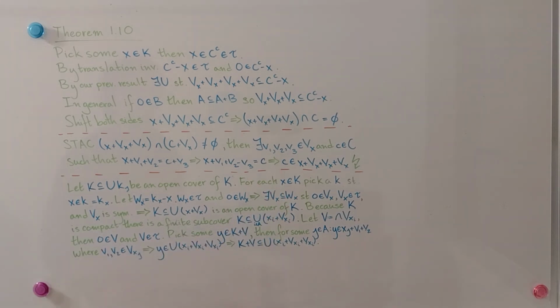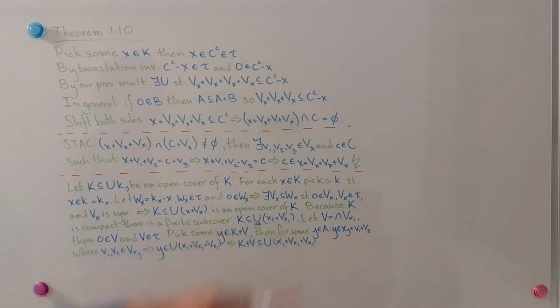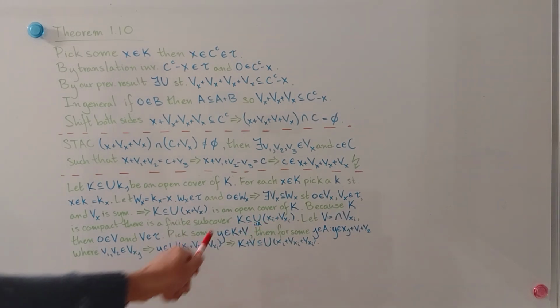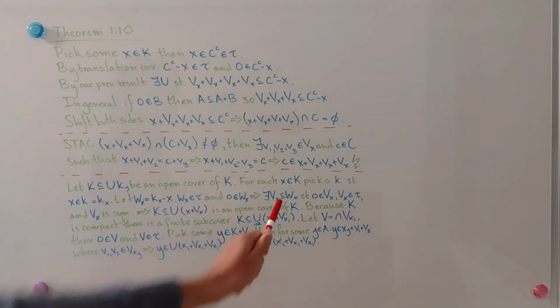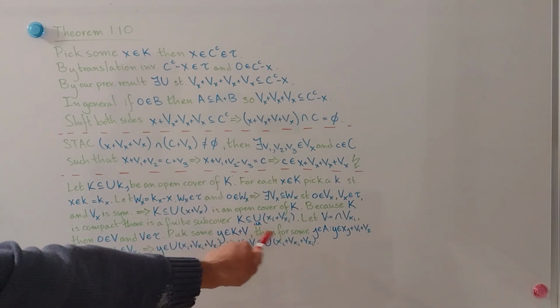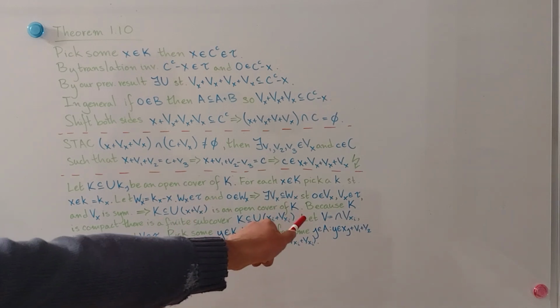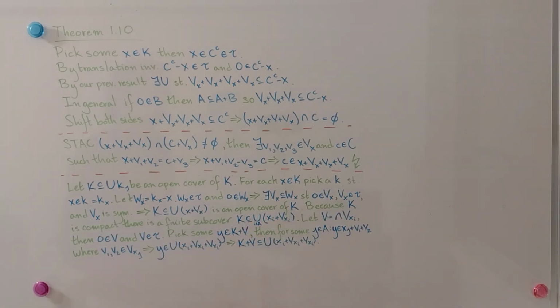Because K is compact, we can find a finite subcover. So this is where K being compact becomes useful. And of course, we'll use some indexing set A. So we'll say that we go over this finite indexing set A, and this will be a finite open cover of K. Okay, so now we let V be the intersection of all of these nice symmetric open sets V sub x.